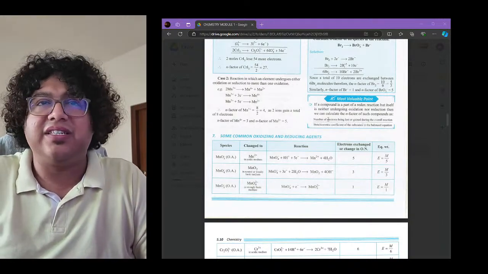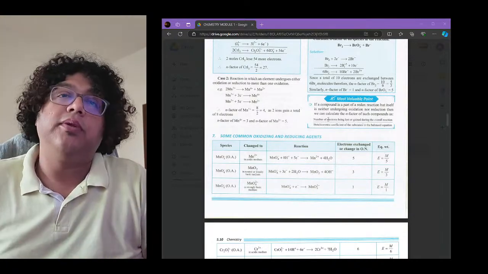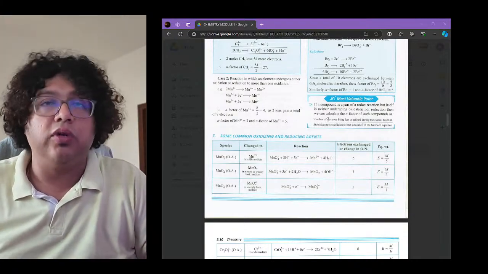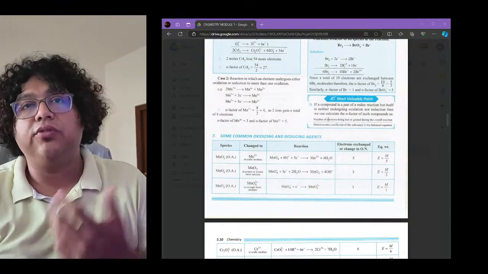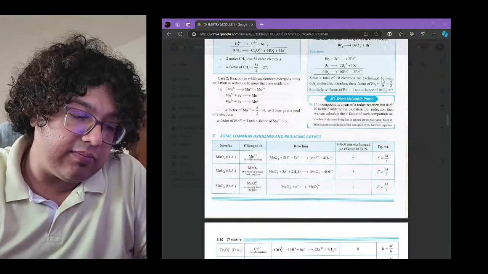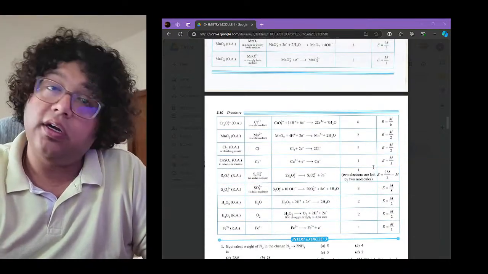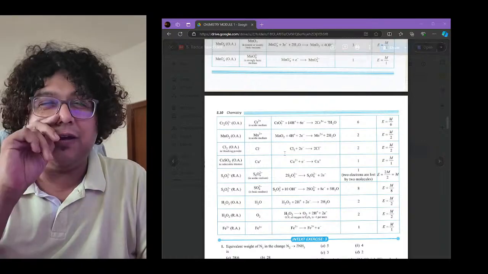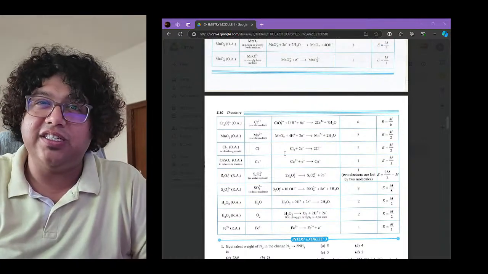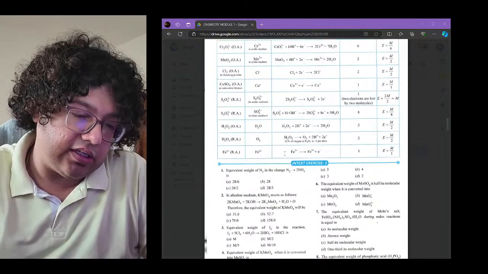That is how you can derive that, from the perspective of molecular weight or molar mass, it is molecular weight divided by n factor giving you the equivalent weight, and that is what is mentioned in this table. For different compounds, you can find the equivalent weight yourself. It is simply the change in oxidation state, the number of electrons exchanged, you get the n factor, and then you get the rest.